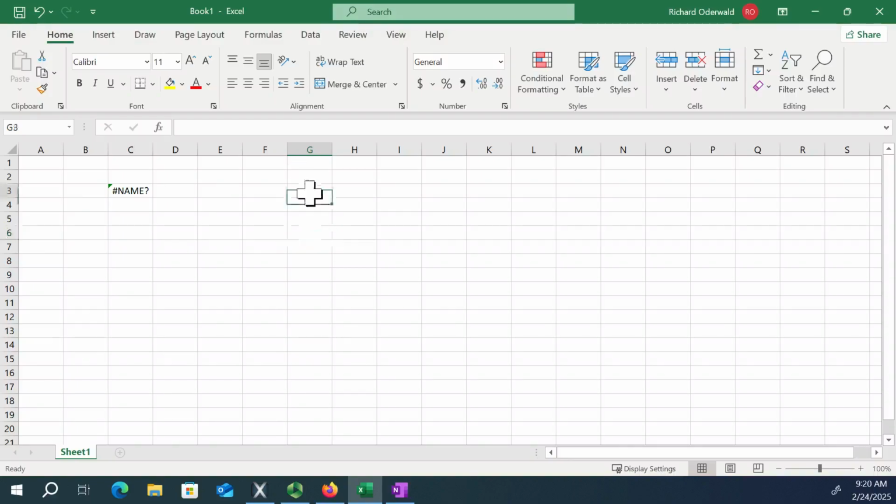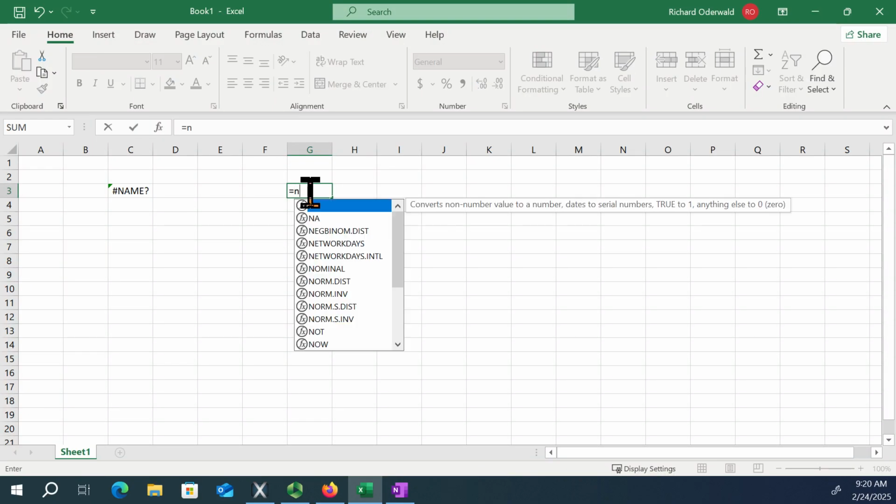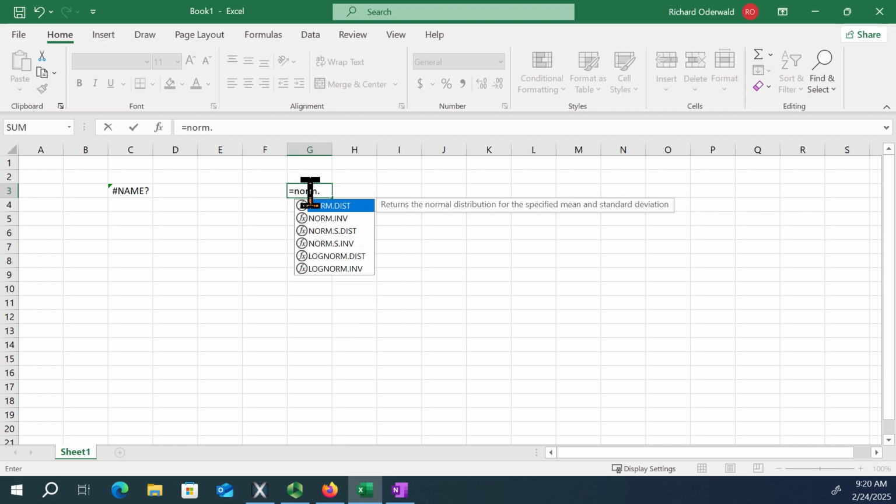Pick a spot. We want equals norm.dist. This is going to give us the area to the left of whatever number we're looking for, and in this one we want 7.6.